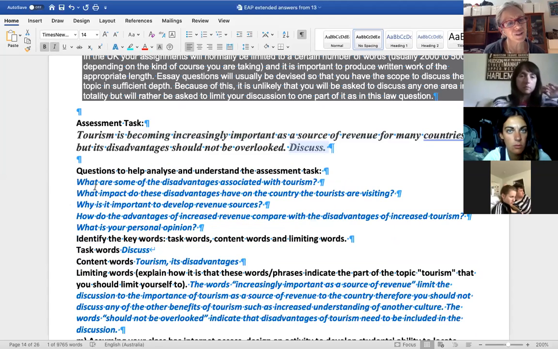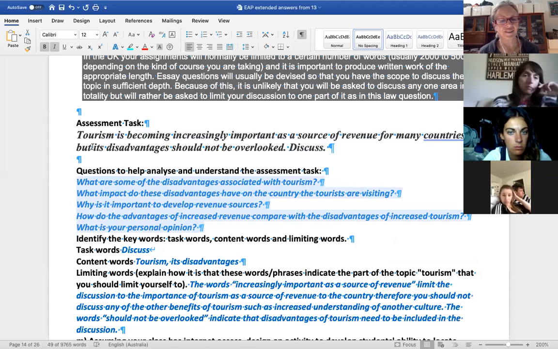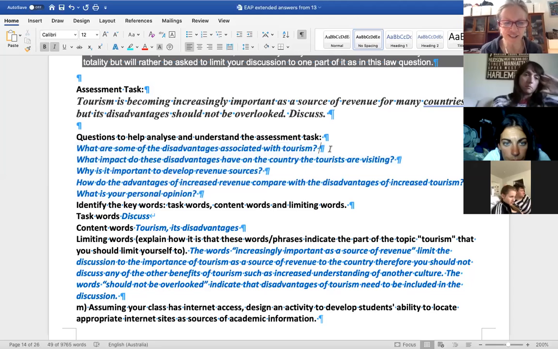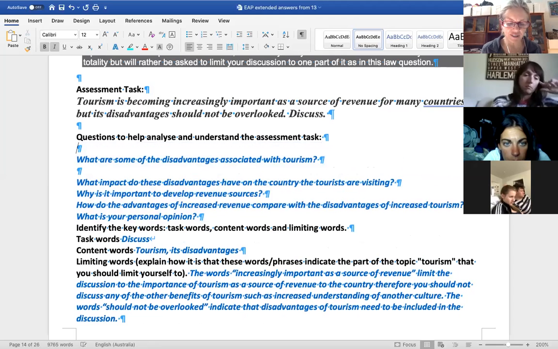So as a teacher, if you were giving this, you'd give them some questions to help them think about it. So tourism is becoming increasingly important. There are some disadvantages, so you could ask, what are some disadvantages? This is just having them brainstorm ideas.